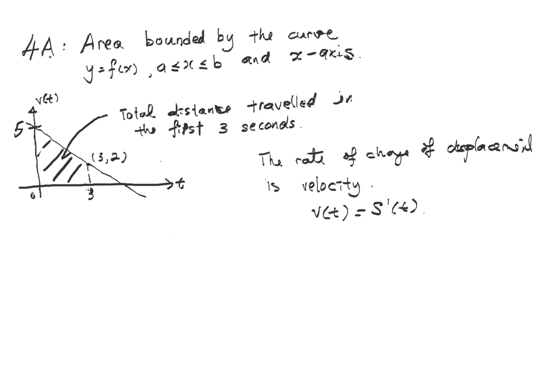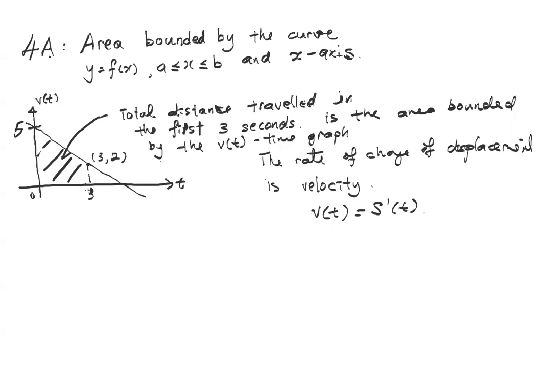So you know that the total distance traveled in the first 3 seconds is the area bounded by the velocity-time graph.